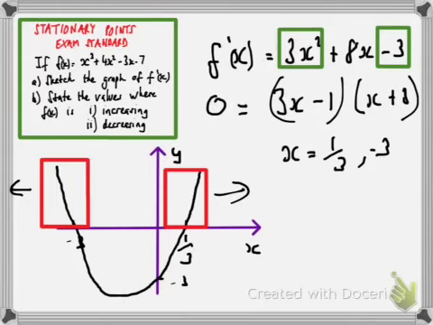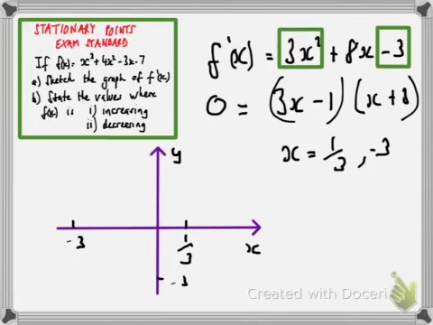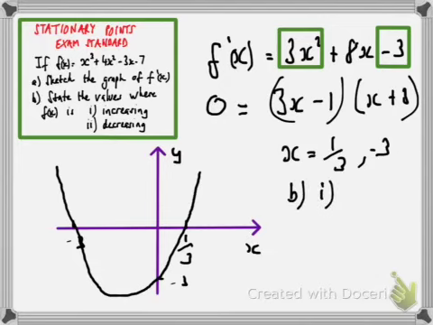Where is the gradient negative? The gradient is negative in between negative 3 and 1/3. Okay, so summing that up then, we've got positive gradients, so it's increasing, so the answer to B1, it is increasing where x is greater than a third and x is less than negative 3.